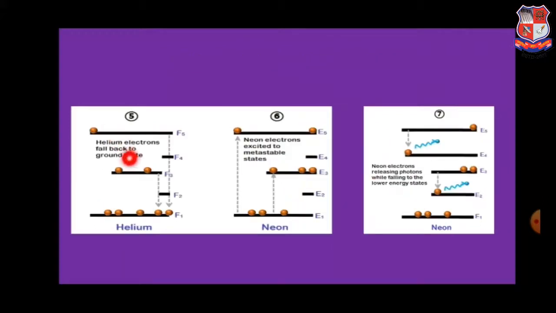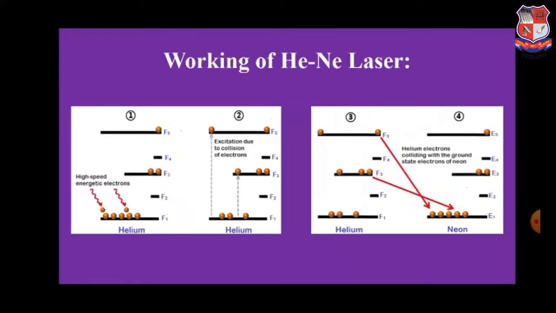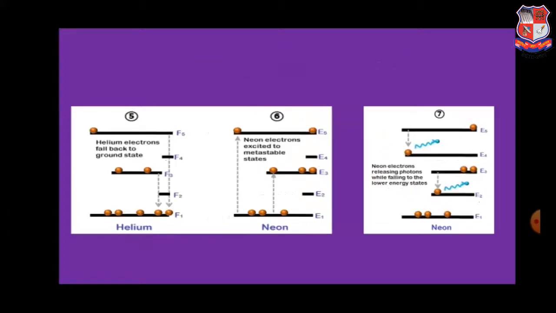Moreover, the helium electrons fall back to the ground state because the excess energy has been transferred out. At that time the totally inverse process occurs, because some flow of energy is transferred to the neon, and hence the neon electrons are simultaneously excited to the metastable, that means the higher energy states. This was our target, to attain a higher amount of electrons in the higher energy states of neon gas.